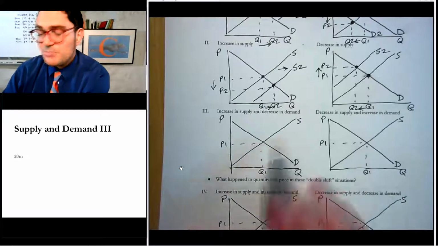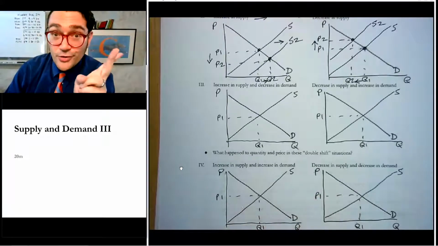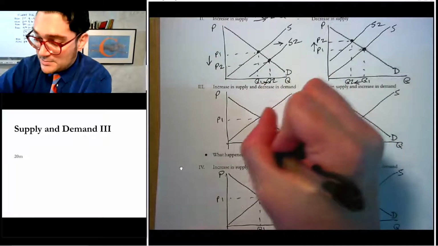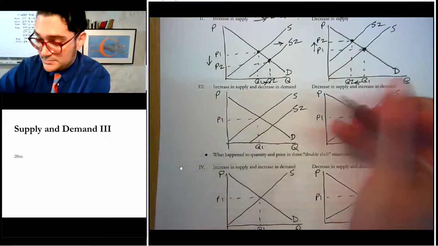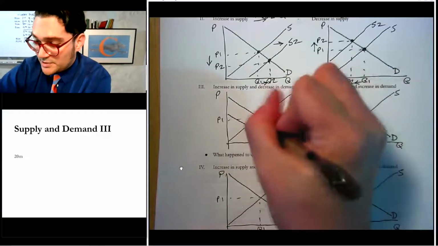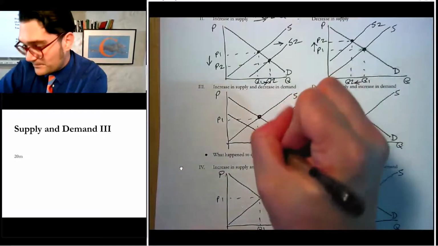Now, for these bottom ones, things are going to get a little wonky. We're going to shift 2 curves. You can do it though. Don't get scared. Now, increase in supply and a decrease in demand. So demand's going to go to the left. So we started up here, and now we're down here.